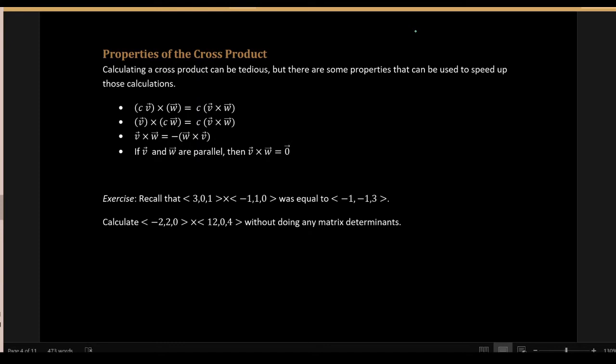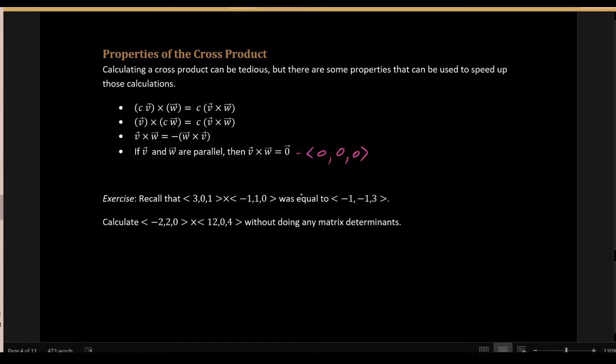One of the properties of the cross product is that if you scale the first vector or if you scale the second vector, then that's the same thing as if you just scaled the result by that number. If v and w are parallel vectors and one is a scalar multiple of the other, then automatically the cross product between the two vectors is equal to the 0 vector. It's going to work out to be 0 in every single component.